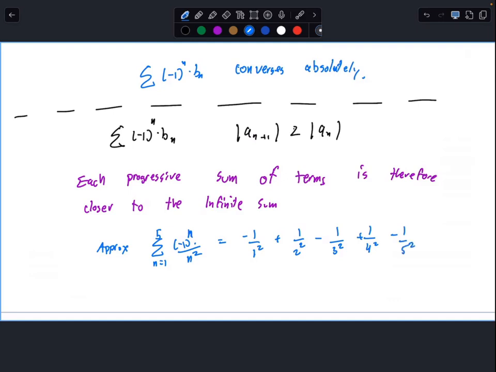And I can add all this up and figure out what this sum is. I can calculate it by just doing the work.